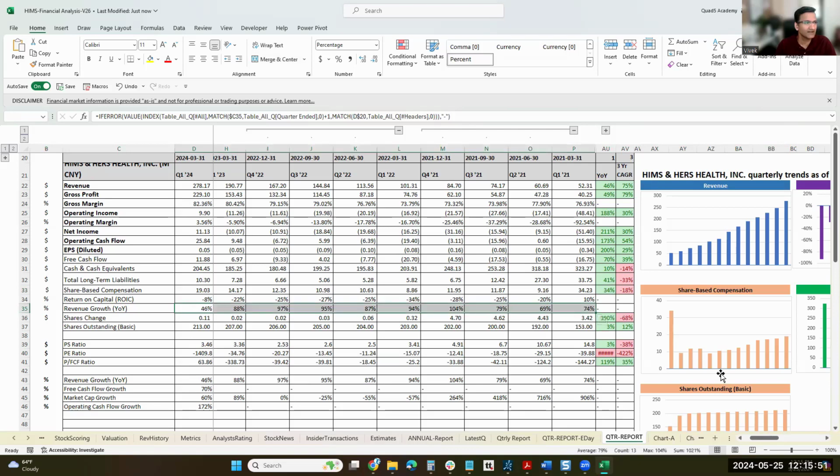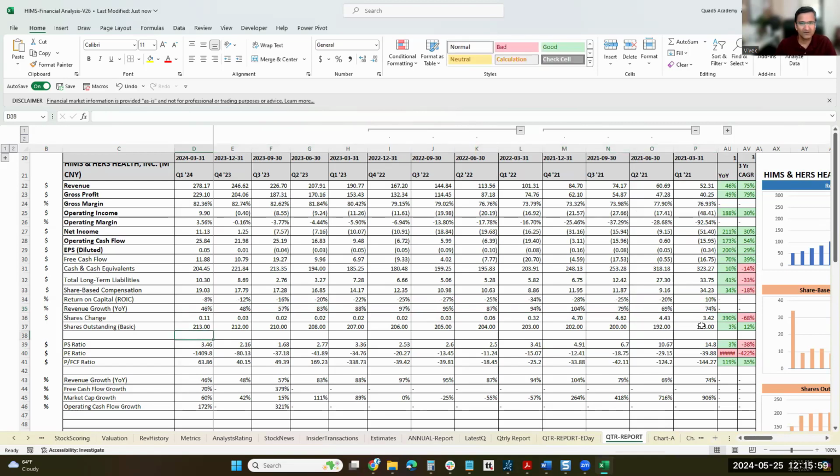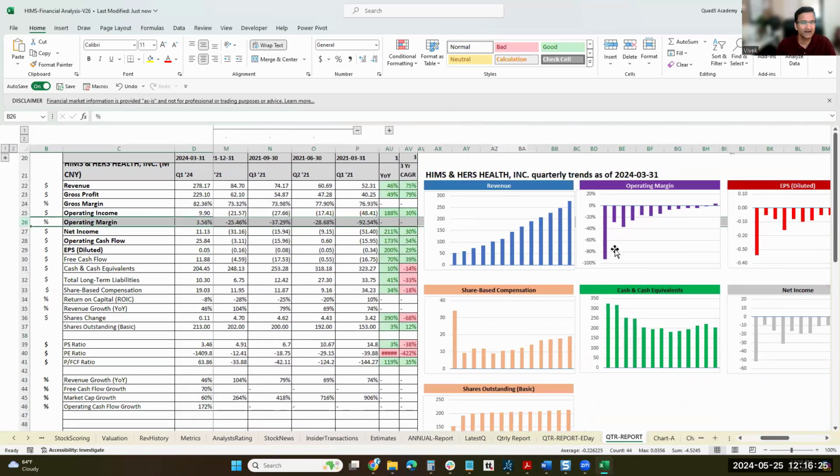Earlier it was growing at 70%, etc., but now it's growing at 40%, which is great. Shares outstanding, not growing a huge amount, which is fine because now they reined in some stock-based compensation. No earnings, barely any operating margin this quarter. I think it's been negative operating margin all throughout its history, but now turning the corner.